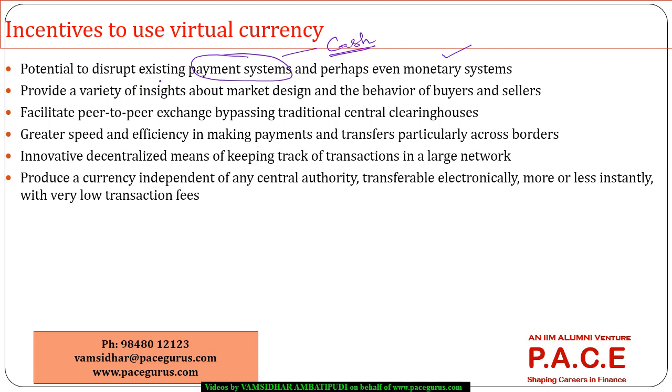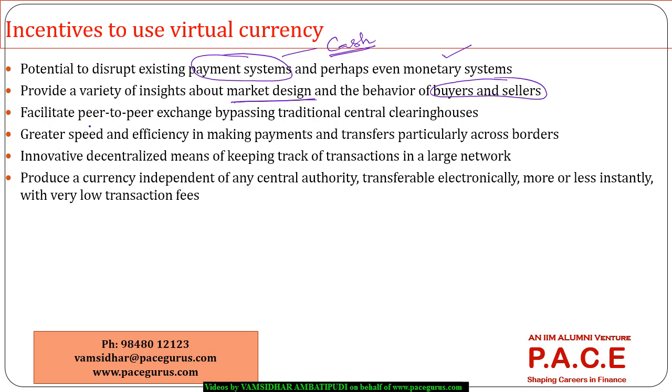And from an advantage perspective, it can give good amount of insights regarding the market design, even the behaviors of the various buyers and sellers, because we are using the virtual currency for transactions. So the behavior of who are the typical buyers of virtual currency, who are the typical sellers who are accepting virtual currency, we get various insights regarding the behaviors of the buyers and sellers.